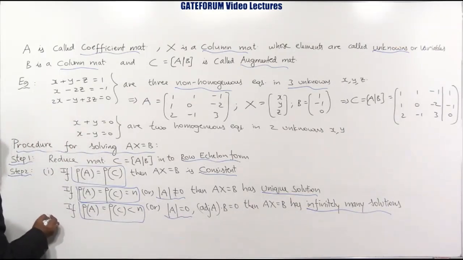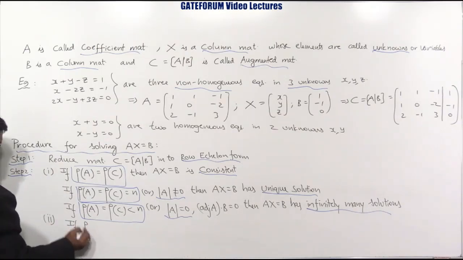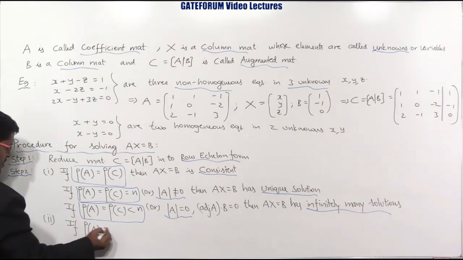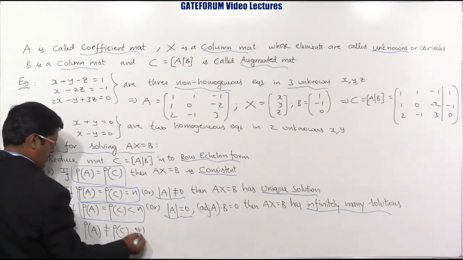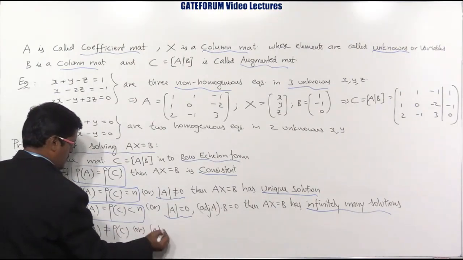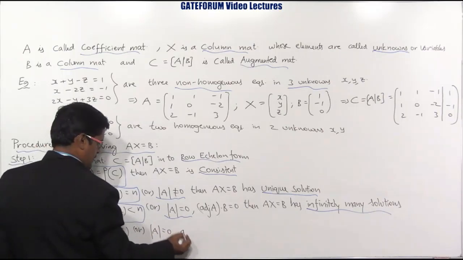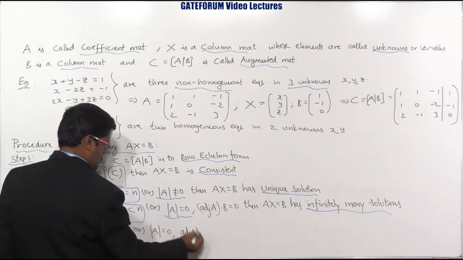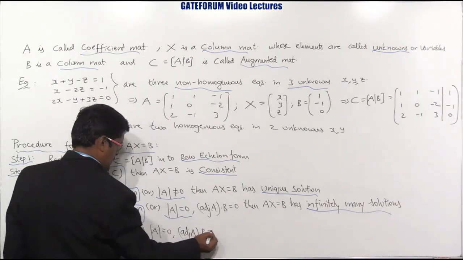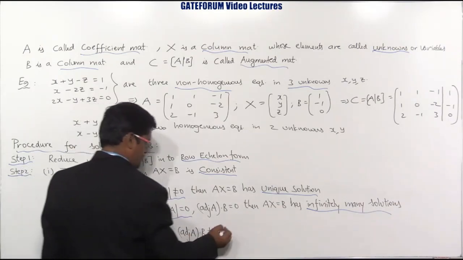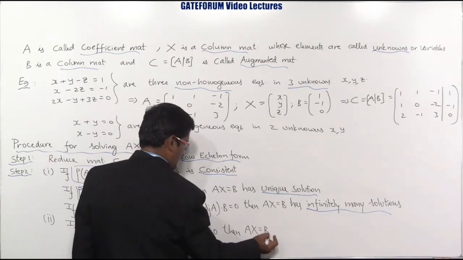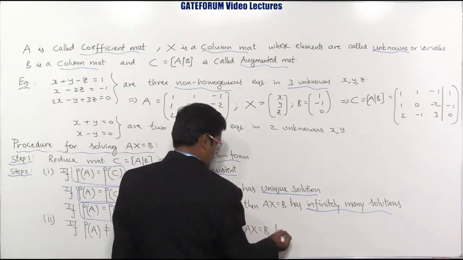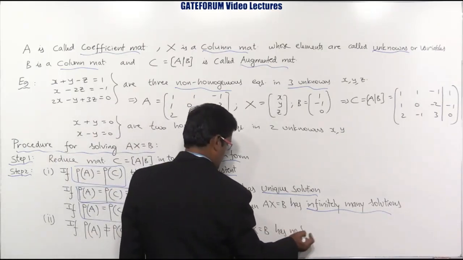Number 2, in condition 1, 3 points. If rank A not equal to rank C, or det A is equal to 0, comma, adjoint A into B not equal to 0, then Ax is equal to B has no solution.